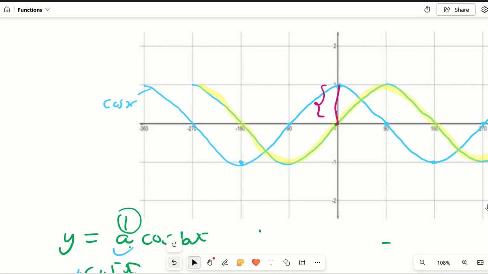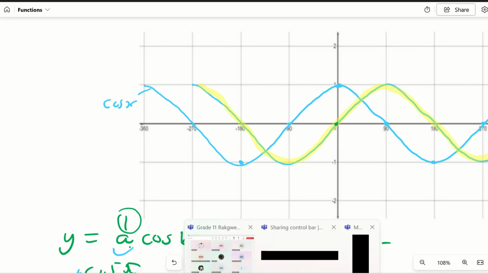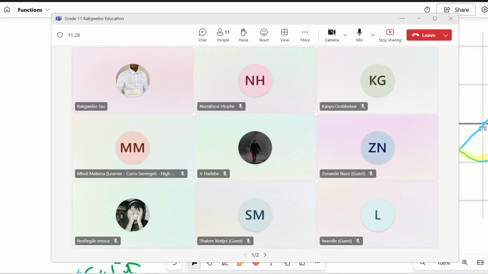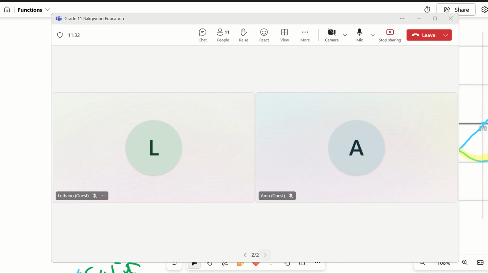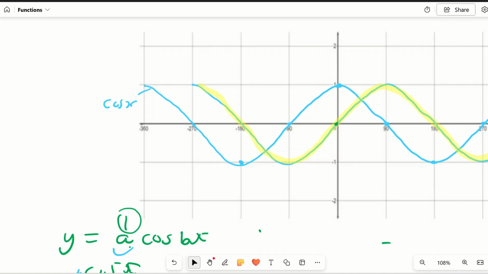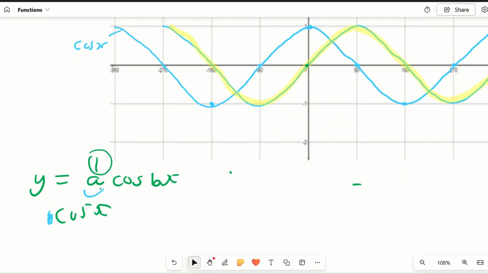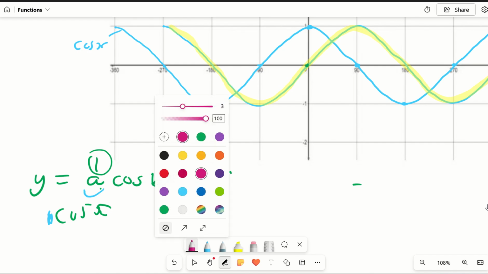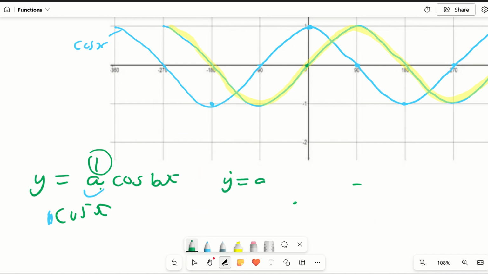Are we together? Good, we're all together. Sharp. So that's very important. The same applies for sine as well. The sine function is generally in this primary format, A sin bx.